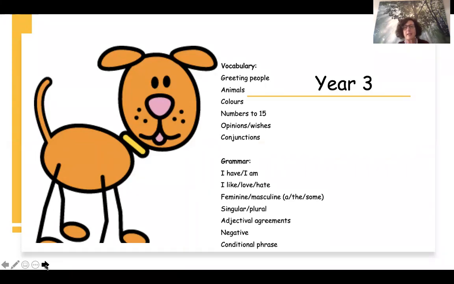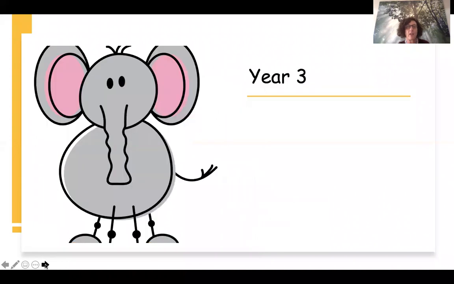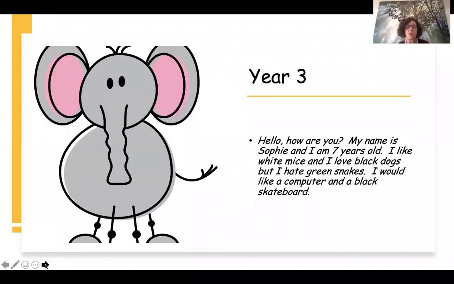Now, we don't explicitly teach grammar because that would probably turn many learners off. So what we do is introduce it in a fun way through lots of repetition, stories, games, songs, etc. So by the end of year 3, this is the kind of text or what children would be able to say if they were in a speaking test or just practicing in the lesson.